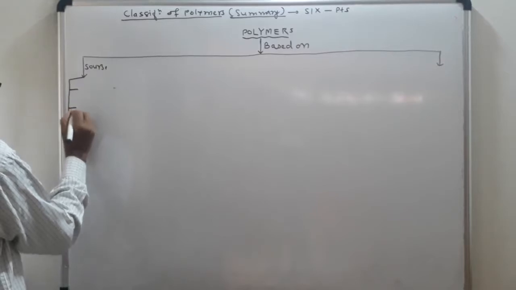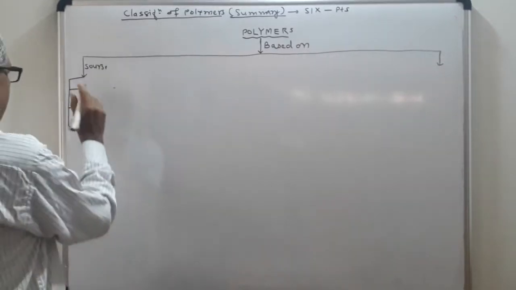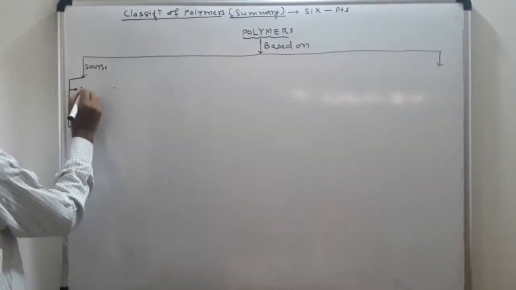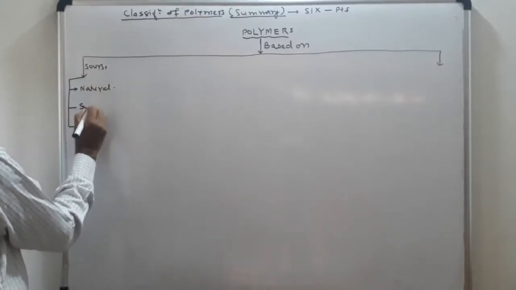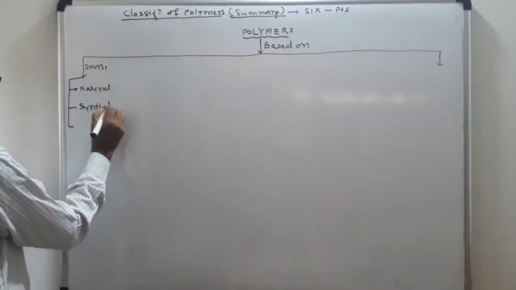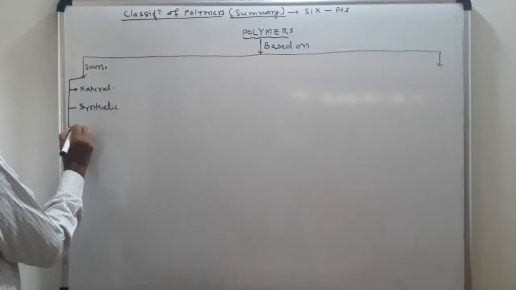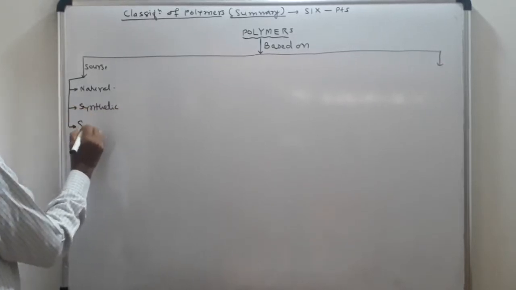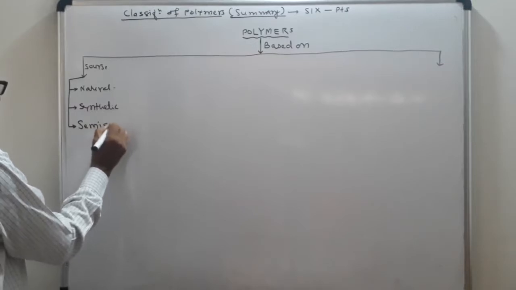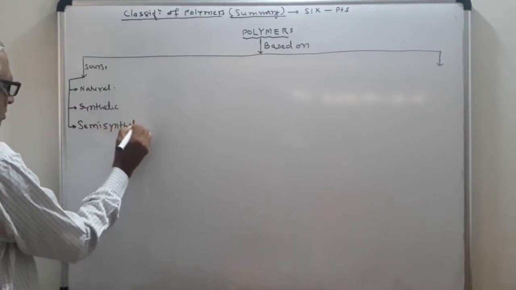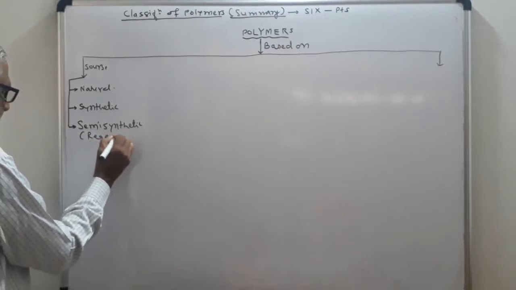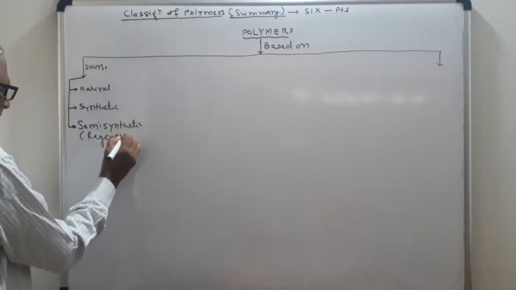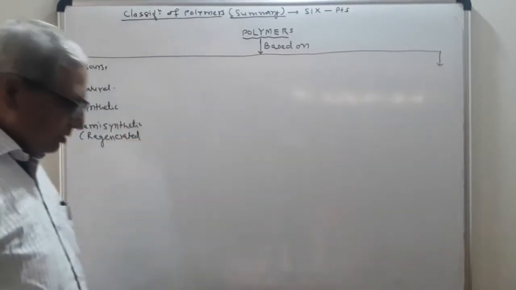One is natural polymer, second is synthetic polymer, and third one is semi-synthetic polymer. Semi-synthetic polymer is also known as regenerated polymer.